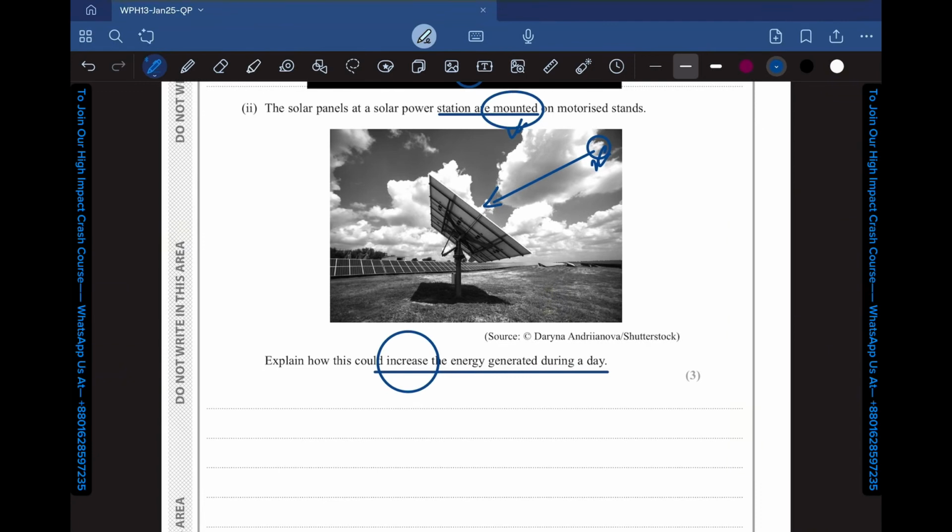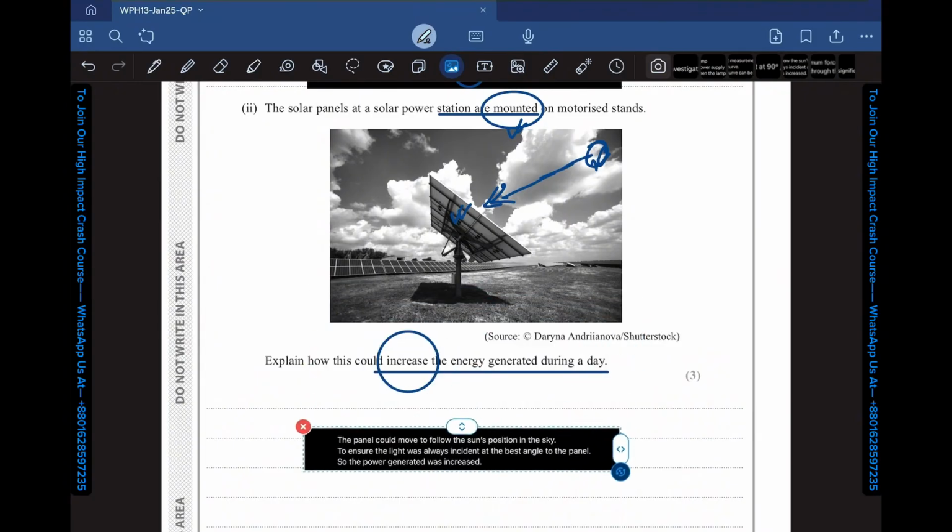We can also say we have mounted it to make sure that the sunlight from the sun is incident on the solar panel at the best angle, at which the maximum output will occur. This is mainly the main reason, nothing else.